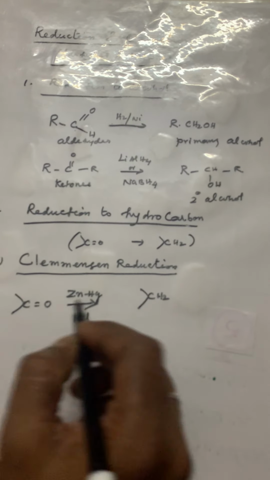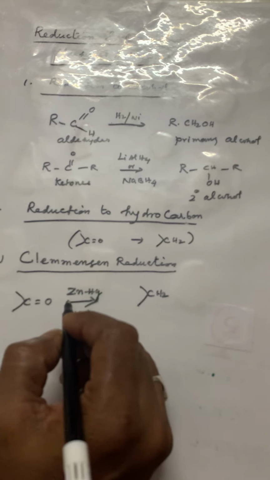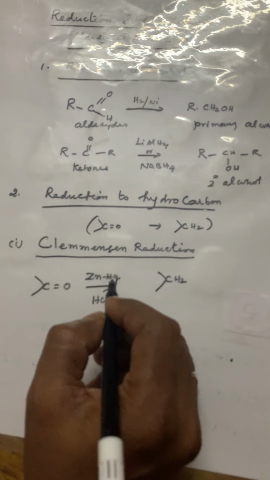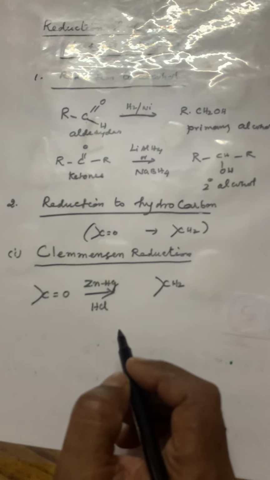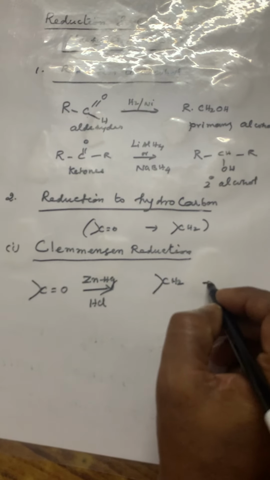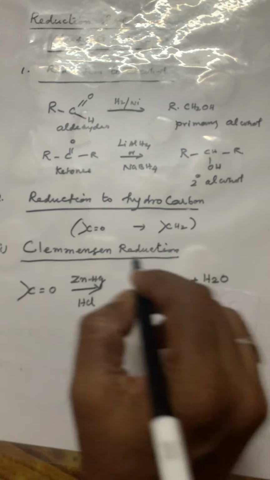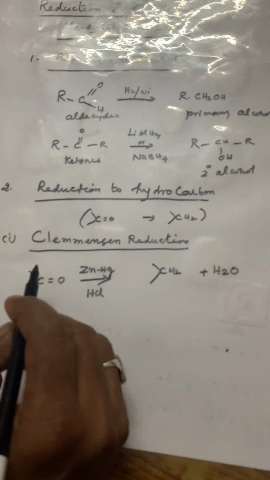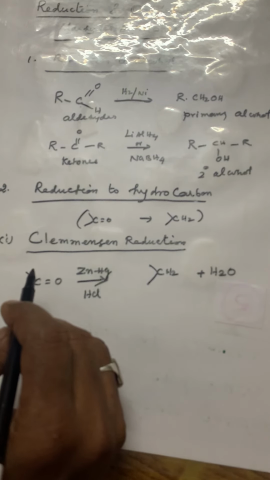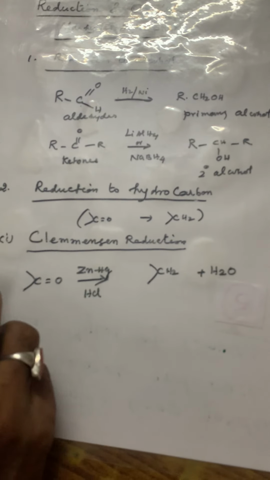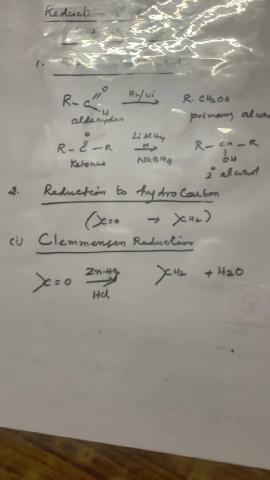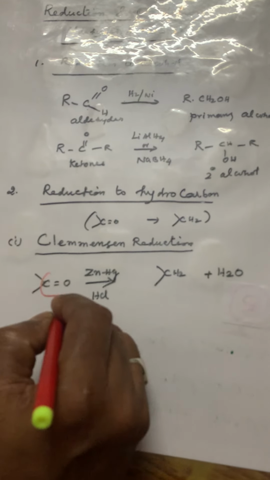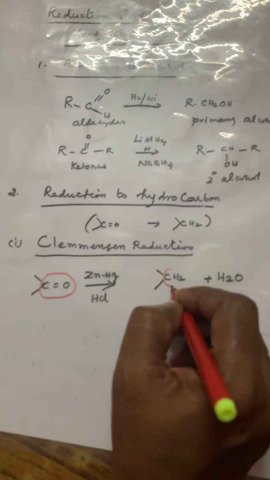The CO group is converted into CH2 in presence of zinc amalgam and hydrochloric acid. This reaction is known as Clemmensen reduction. The CO group is converting into CH2.